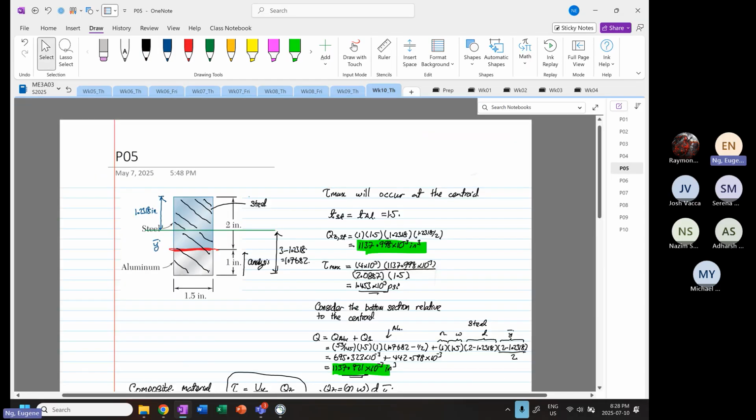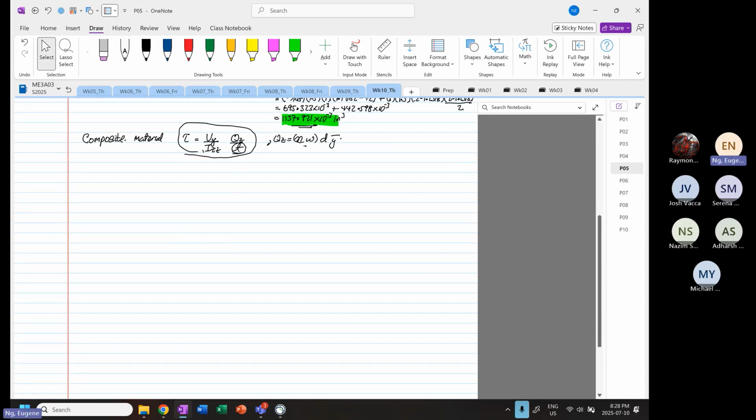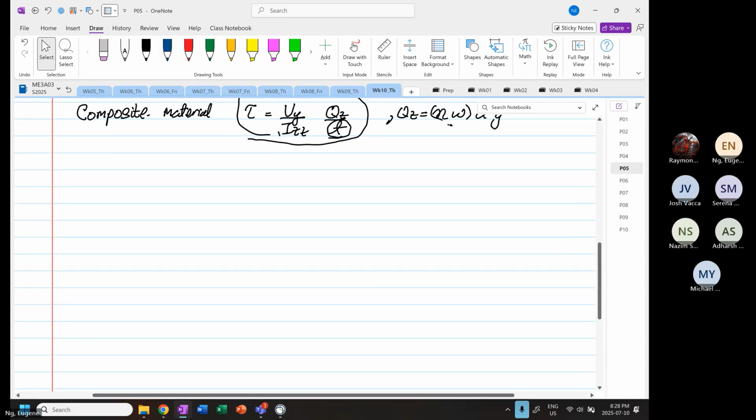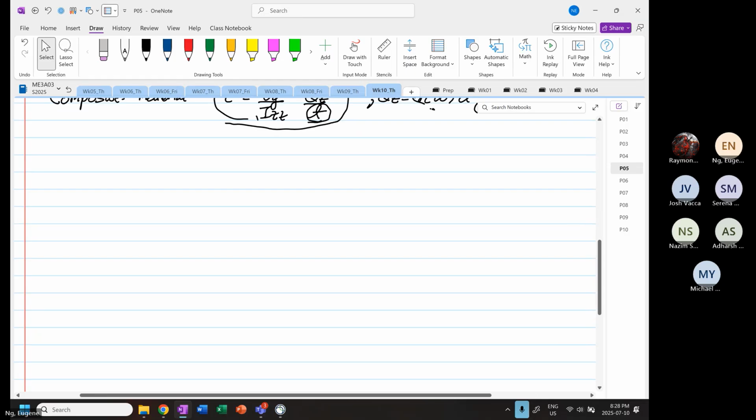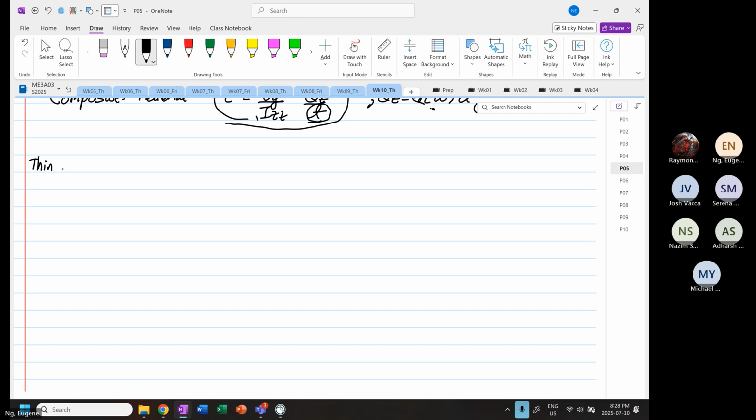Right. So the last part of shearing stress is going to be thin wall shearing stress analysis.